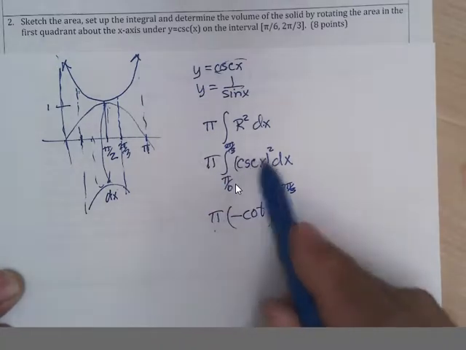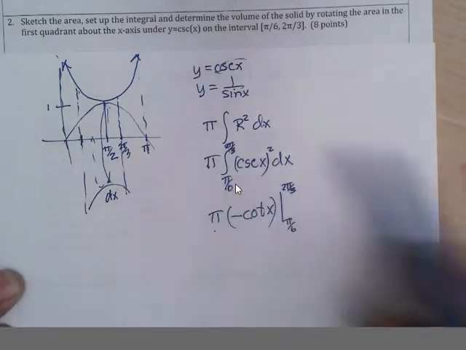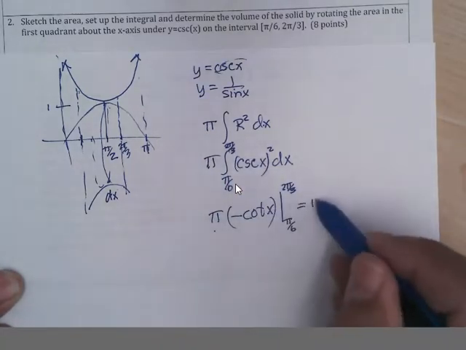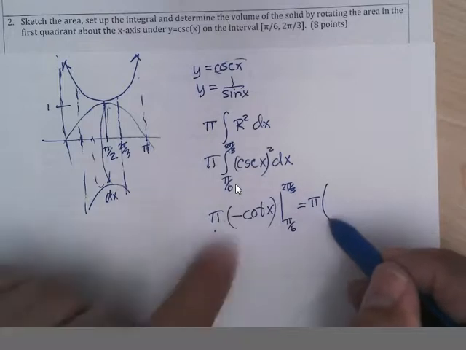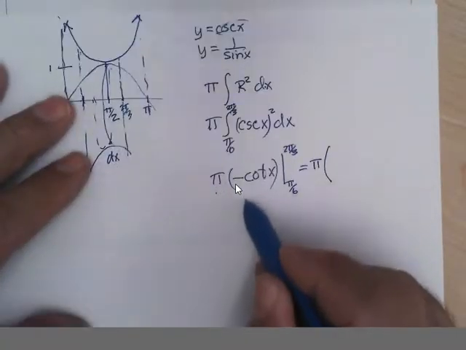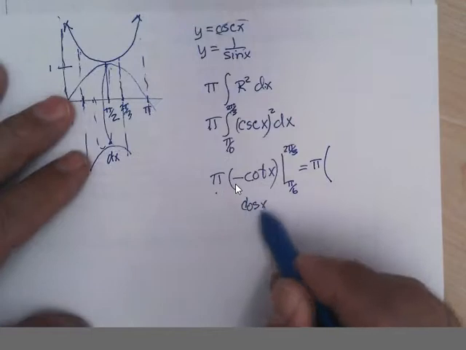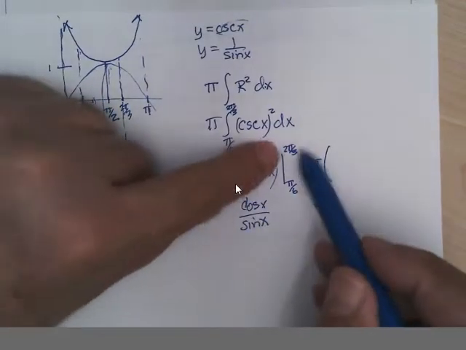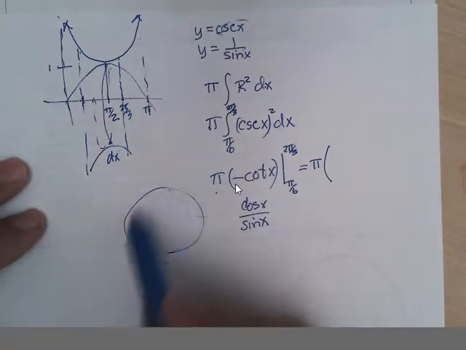Pi, antiderivative from there to there. So I'm going to get pi, and cotangent is cosine x over sine x. Let's get our unit circle out here.